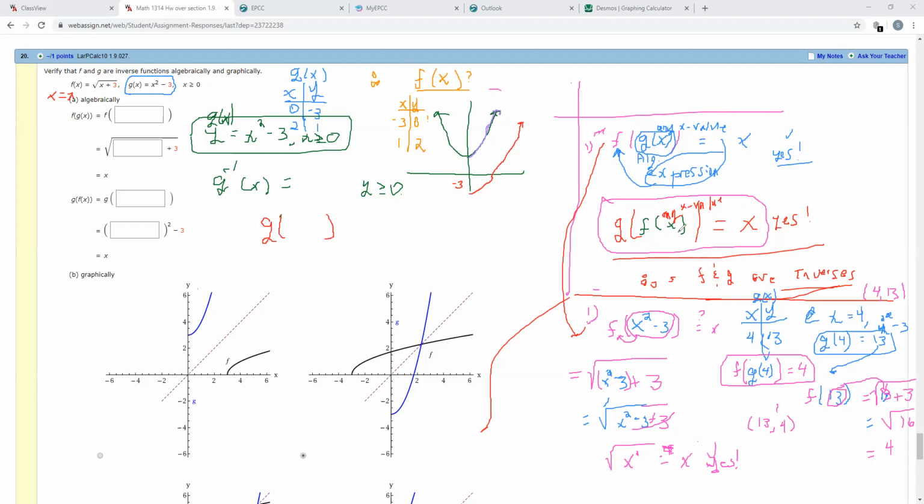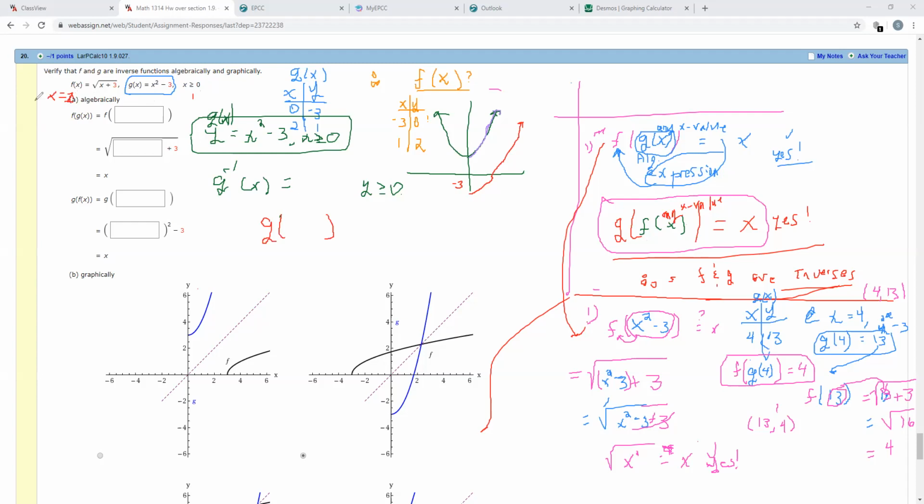So this would become range value 2. Now plug 2 into function g. And if you plug 2 into this other function g, 2 squared is 4. And 4 minus 3 is 1. So we do get back to this initial value 1 without me writing it all out. Okay, so what are we going to put here in general for any x value?